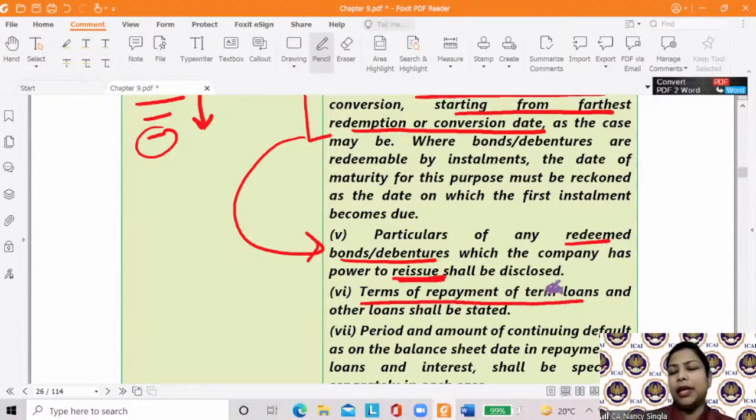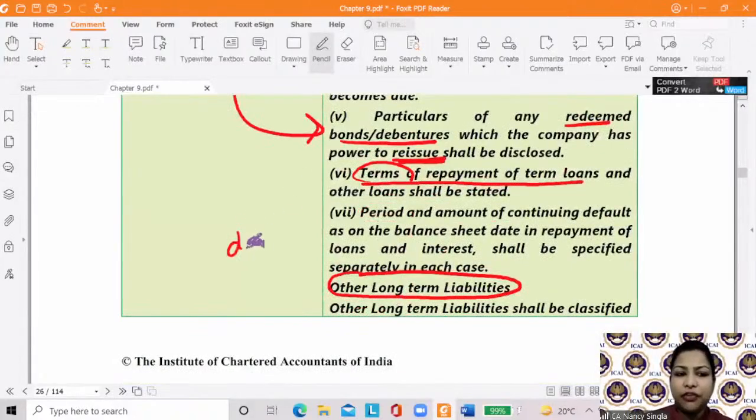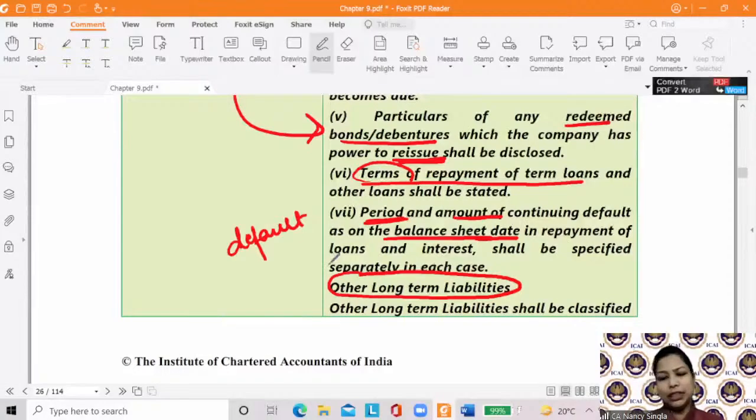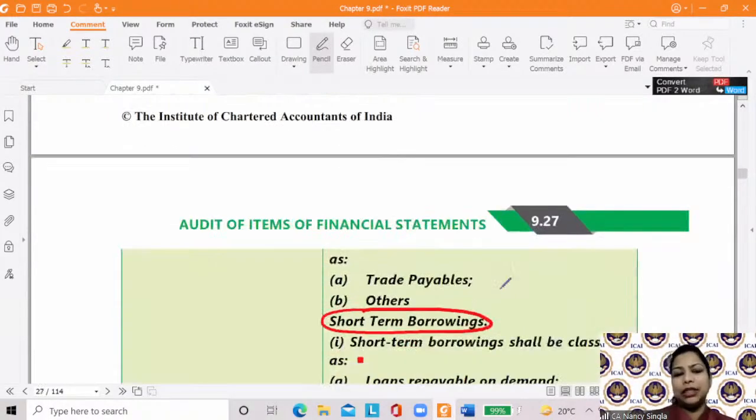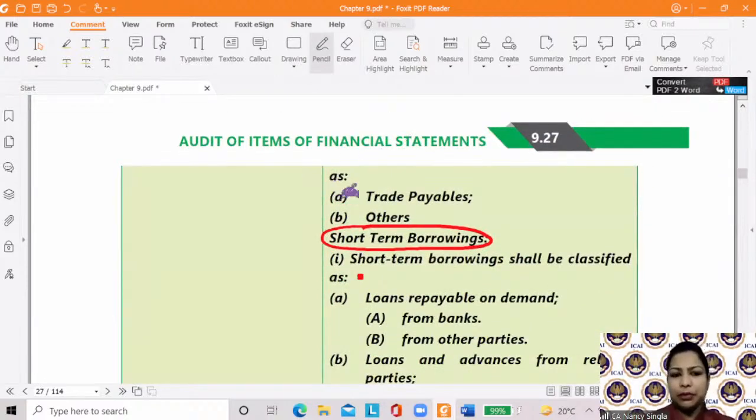Terms of repayment of the term loans and other loans shall be stated, and in case of any default, the period and amount of the continuing default as on the balance sheet date in either repayment or in the interest shall be specified separately. Clear? Now other long-term liabilities, so it may be trade payables or others.